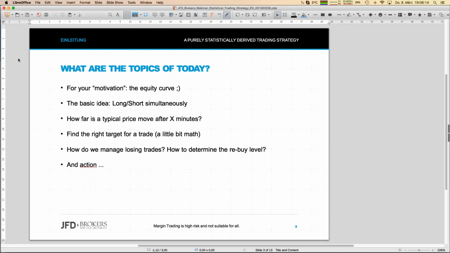Because that universal line will be the input for the later to be done equations and calculations. So the price movement is something which we use here, and there is a typical price movement over time if we disregard the direction.